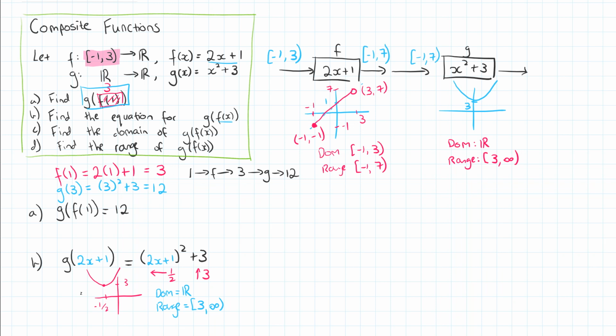So where originally G could have had, say, x equals 10 come in, which would have been an allowable number, we can't get 10 coming out of the function f. So we've got a restriction. So now what we need to do is work out, with this restricted domain, what will be the resulting range coming out the other end.